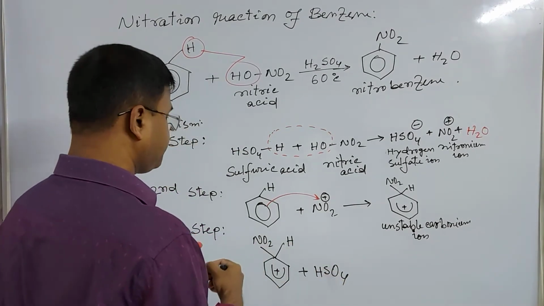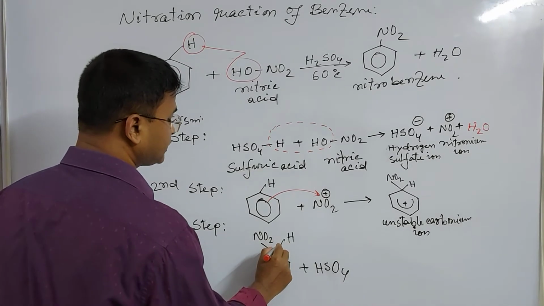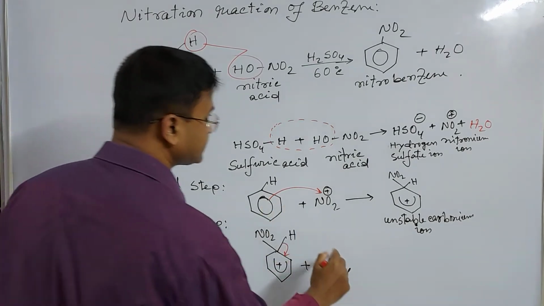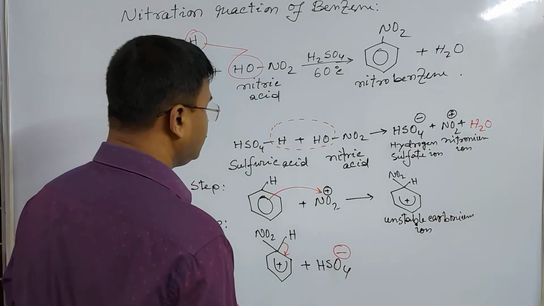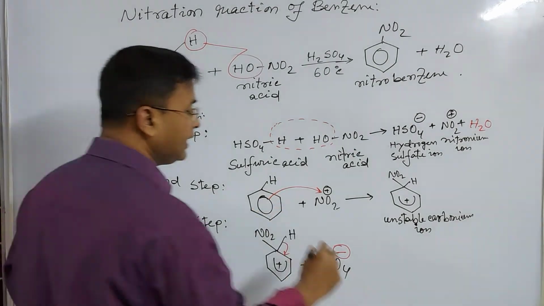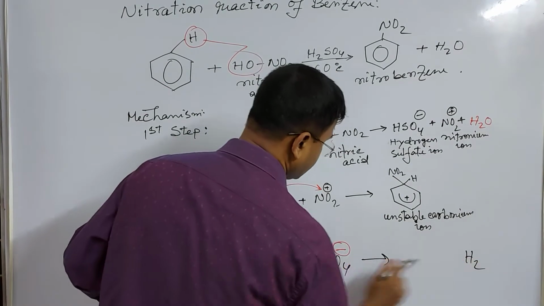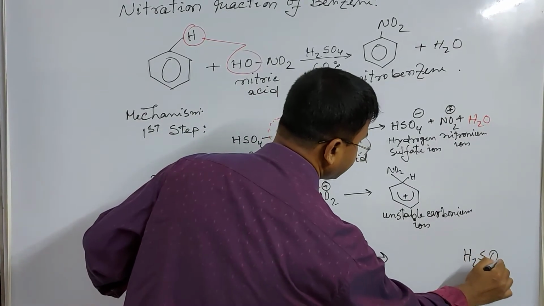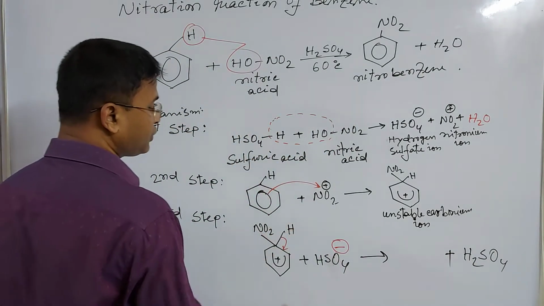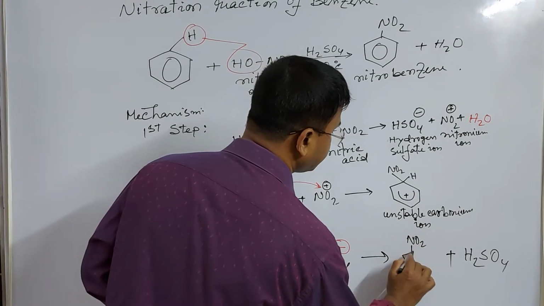This proton releases its electron pair, and the electron pair goes back to the benzene ring, and this hydrogen proton combines with the hydrogen sulfate ion. As a result, H2SO4, sulfuric acid, is produced here, and after releasing the proton, it becomes nitrobenzene.